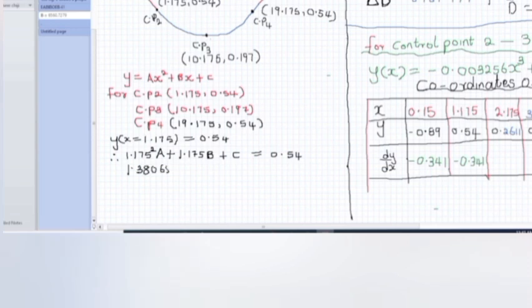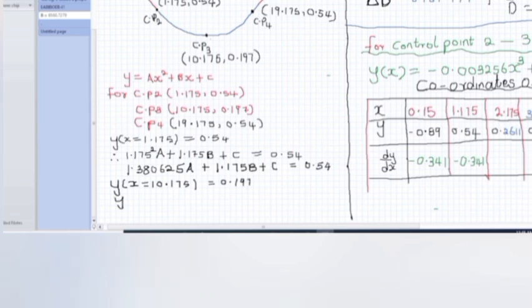All we need to do is to simplify it. Once we simplify the expression, we have 1.380625a + 1.175b + c = 0.54. So that is the first equation we are going to deal with. Now we look at where x is equal to 10.175, another point along the parabolic curve, where we have y to be 0.197.